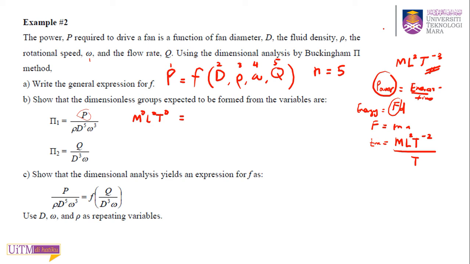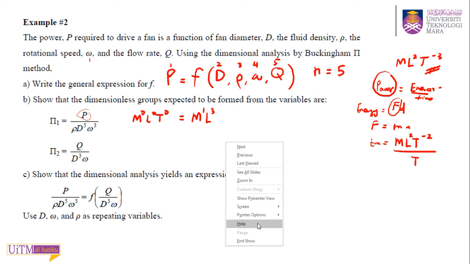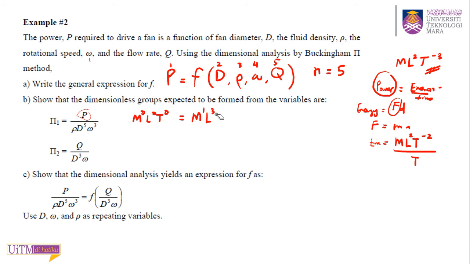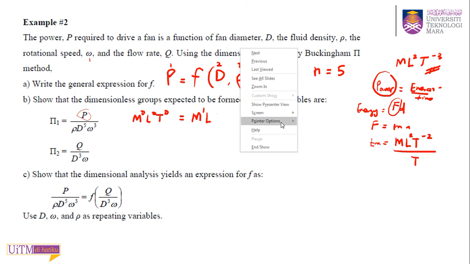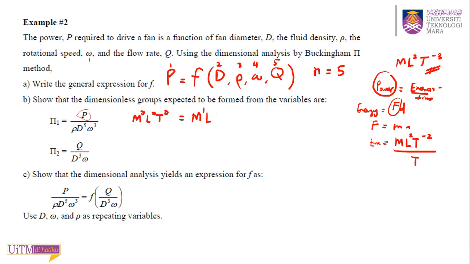You know this, you know how to do this. Just do it step by step. Now we know for power, M1 L2 T minus 3. And we have rho. What is for rho?